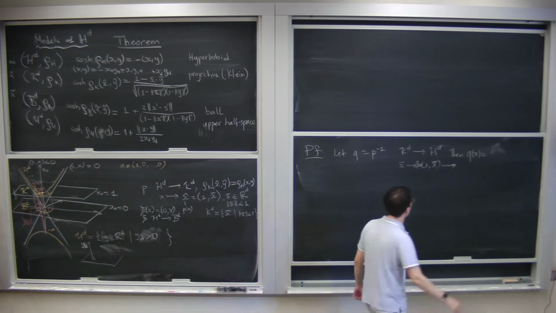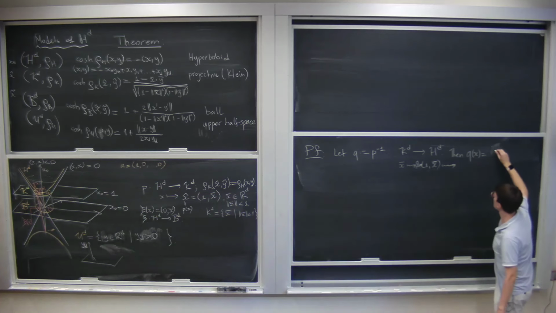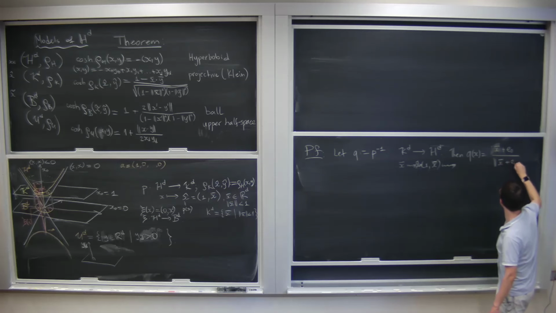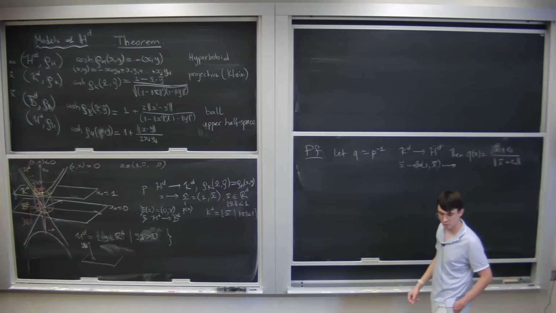It seems like it should be just, okay, maybe I'm wrong, but let me check. X bar plus vector 0 over the norm. Is it correct?